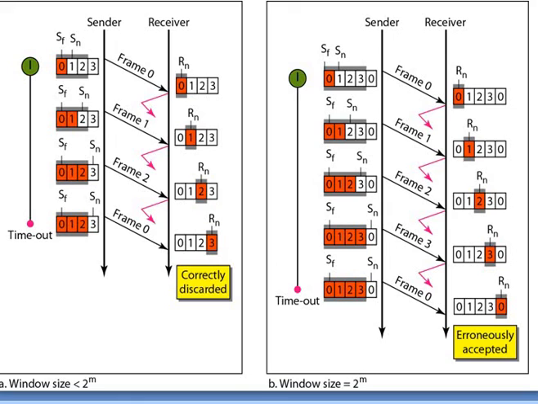If all 3 acknowledgements are lost within the path, then frame 0, frame 1 and frame 2 are passed from sender to receiver. The timer 0 expires and all 3 frames are resent. The receiver is now expecting frame 3, not frame 0. So, the duplicate frame is correctly discarded.